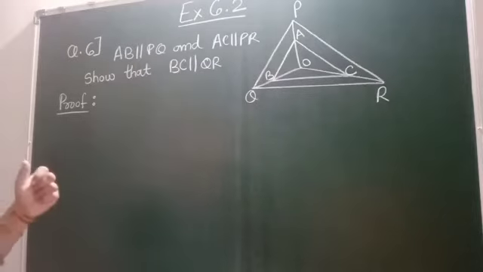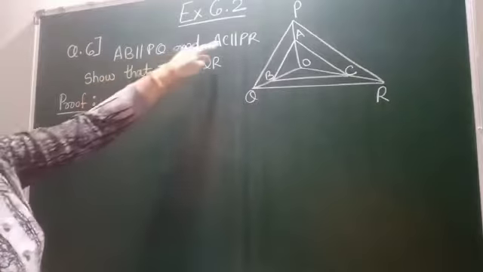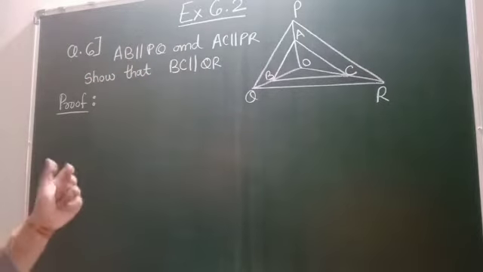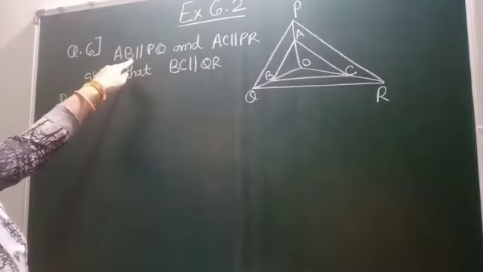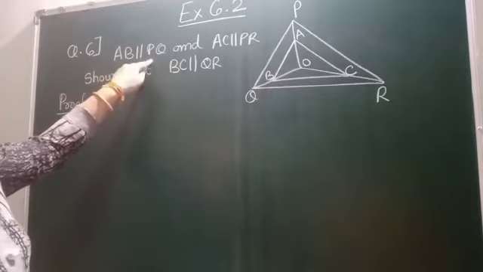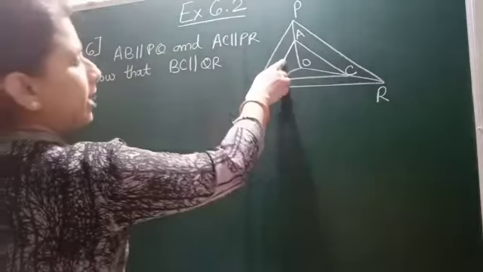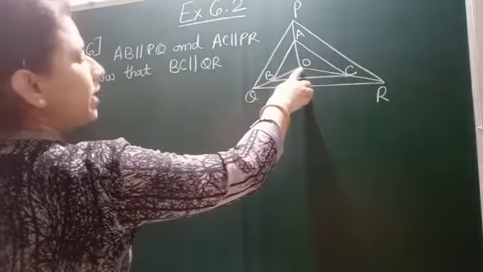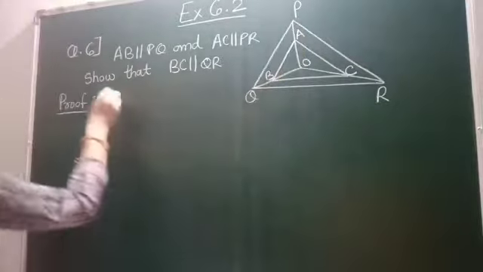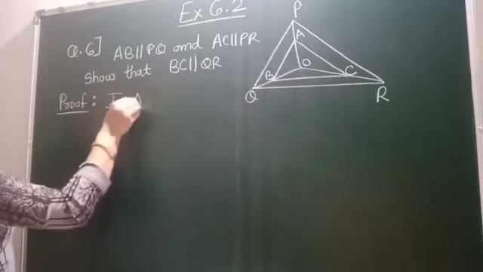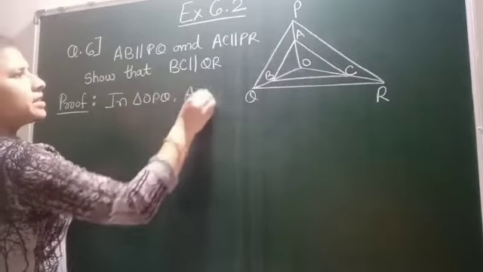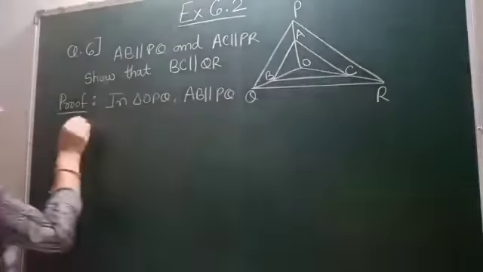Okay. So obviously student, parallel lines are given here. So we will apply here basic proportionality theorem. First we will see this AB is parallel to PQ. So which triangle we will take? Yes, we will take triangle OPQ. In triangle OPQ, AB is parallel to PQ.